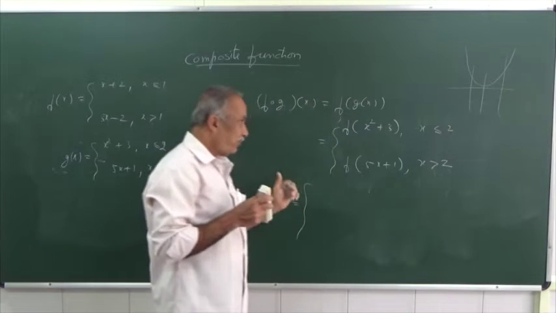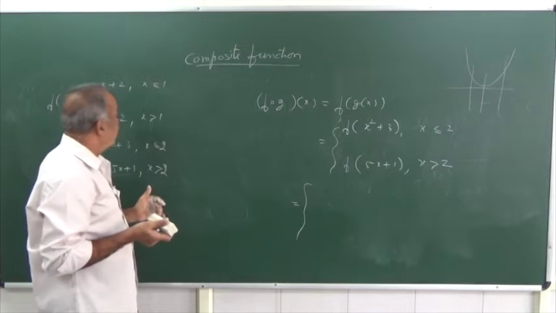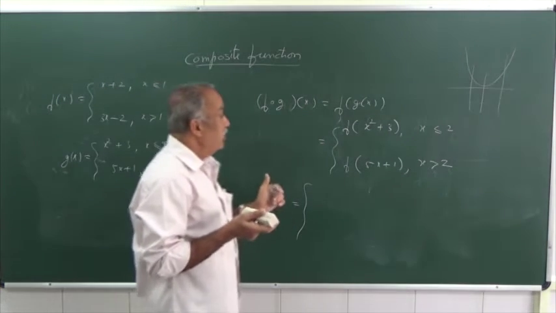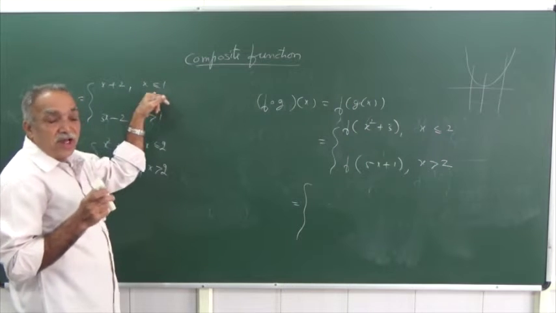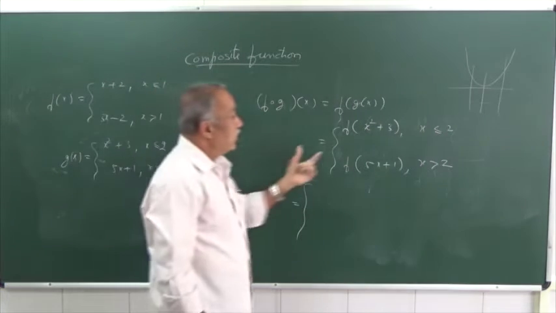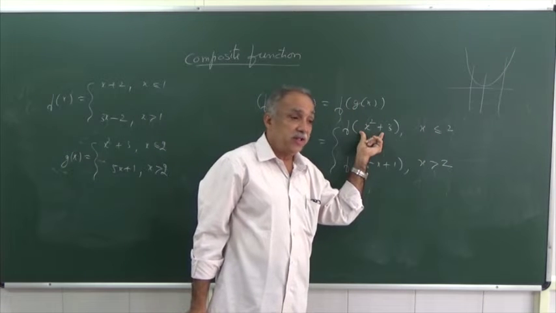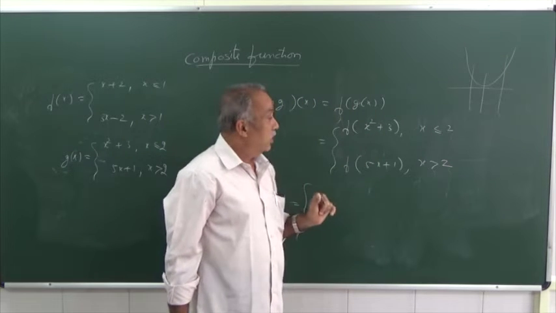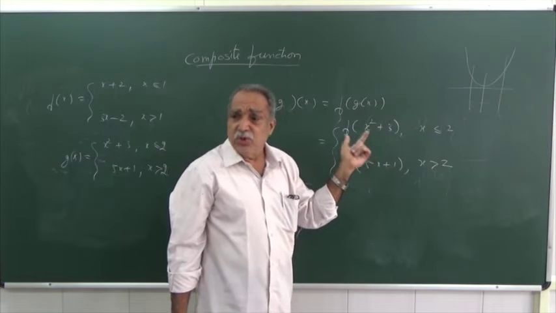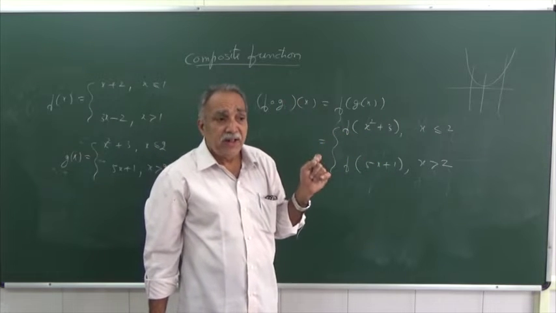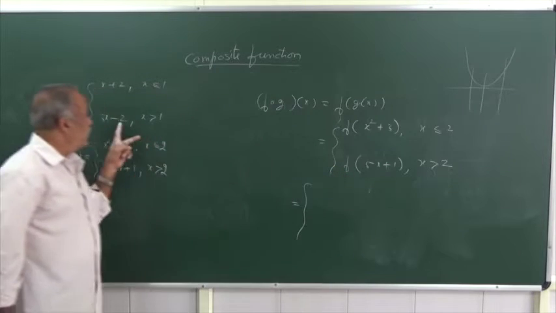Let us deal with the situation more closely. Okay. First requirement, this one. When is the argument less than or equal to 1? We find easily this can never be less than or equal to 1. It is always greater than or equal to 3. That much is enough for me to decide which formula I need to apply in finding f. F is obtained by applying one of these two formulae.